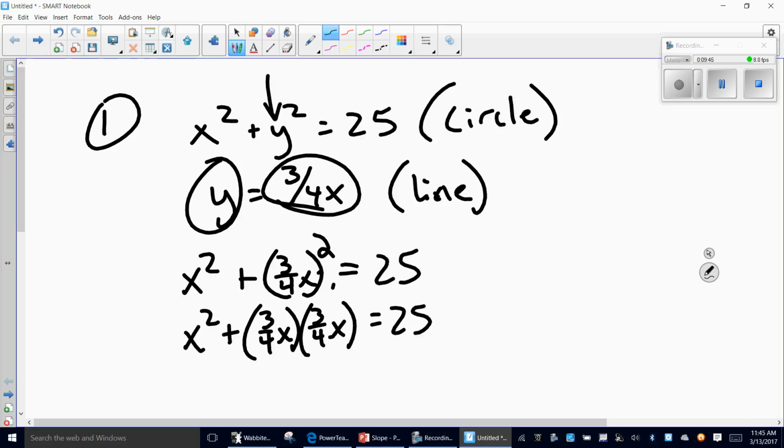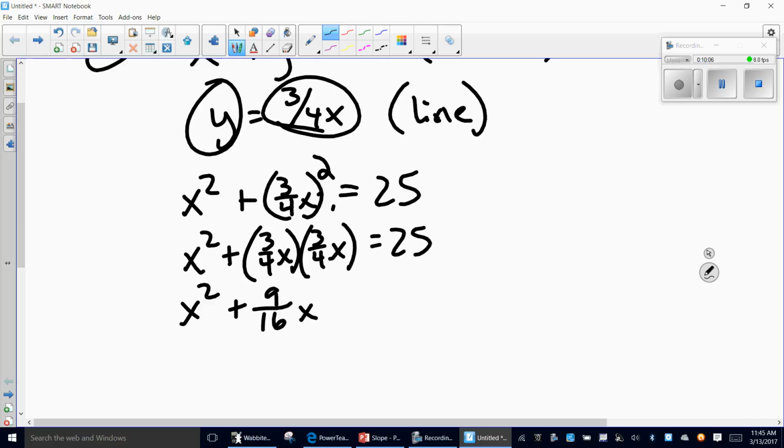What do you get when you do 3 squared? And then you can take the square to the 4, and you can take the square to the x. That's going to be the same thing that we get right here. 3 times 3, 4 times 4, and x squared times x squared; when you multiply powers, you add the exponents and get x squared.